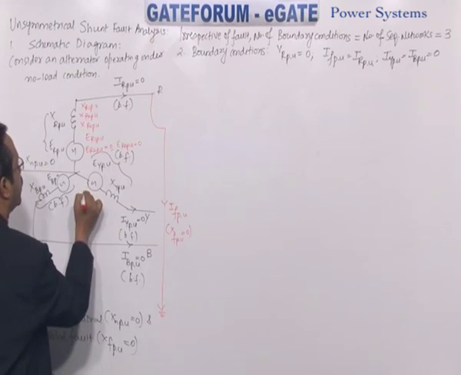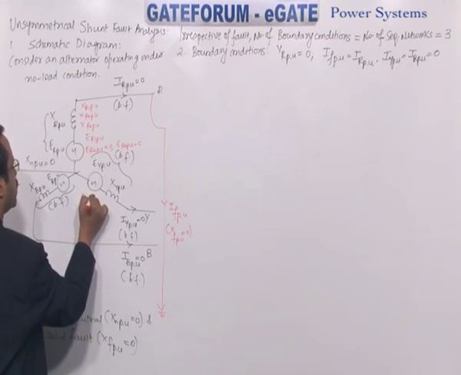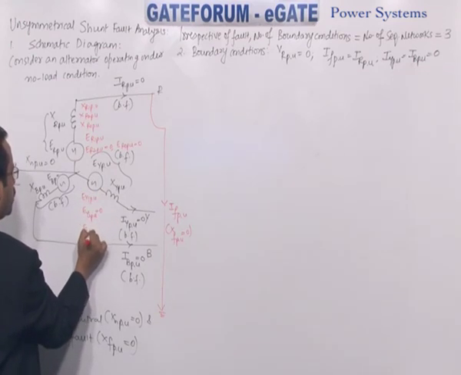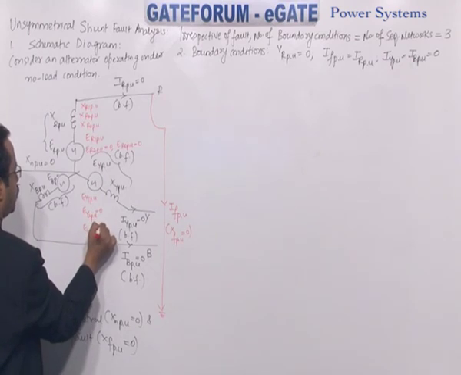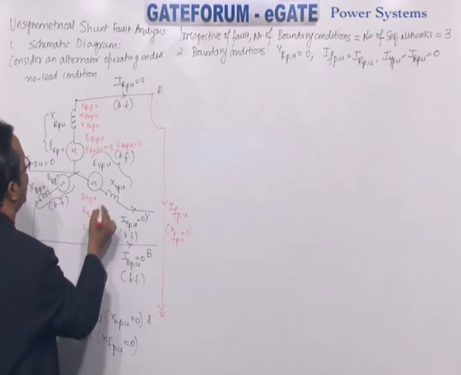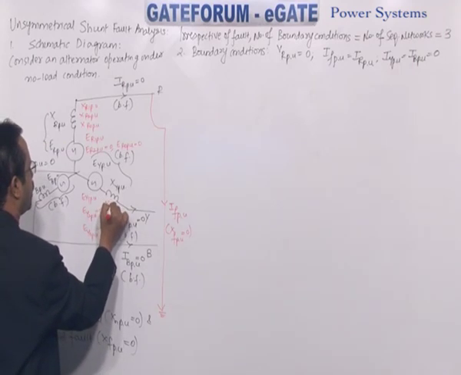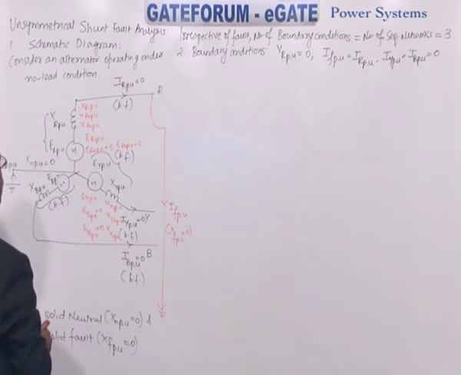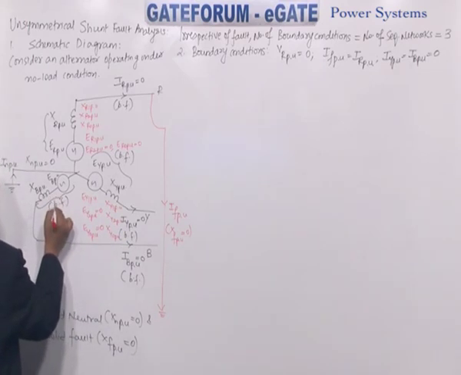What about EY per unit? EY1 per unit, EY2 per unit 0, EY0 per unit 0. What about XY? XY1 per unit, XY2 per unit, XY0 per unit. And what about EB now?